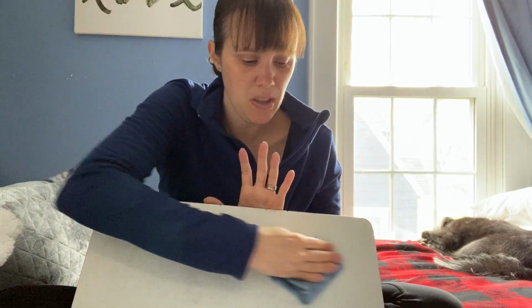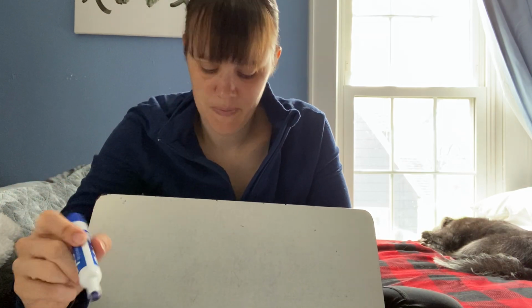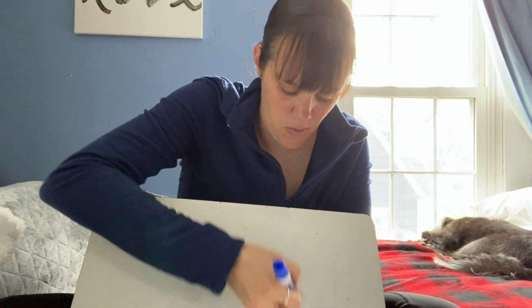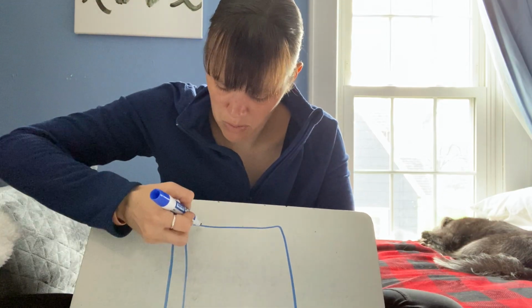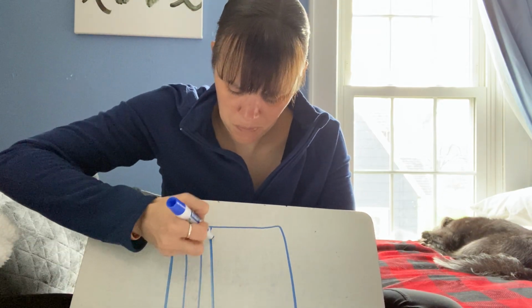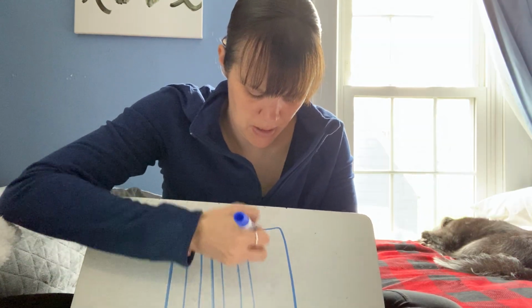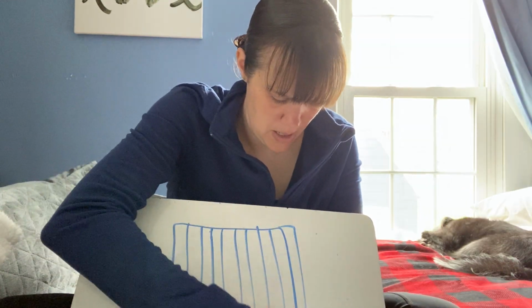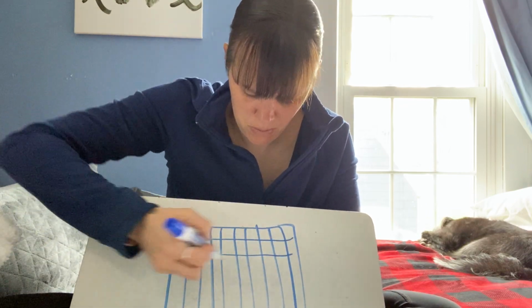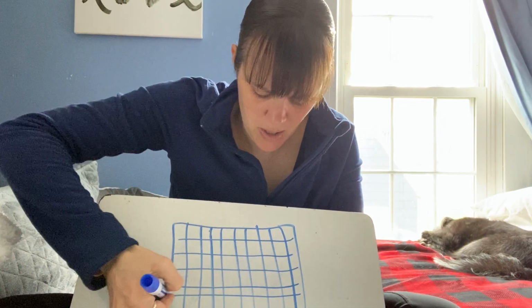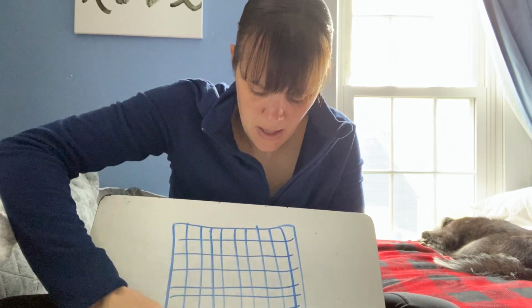It's 7.3, but there's another one. So, what is 7.3 equivalent to? 1, 2, 3, 4, 5, 6, 7, 8, 9, 10. Okay, so if we did this, 2, 3, 4, 5, 6, 7, 8, 9.